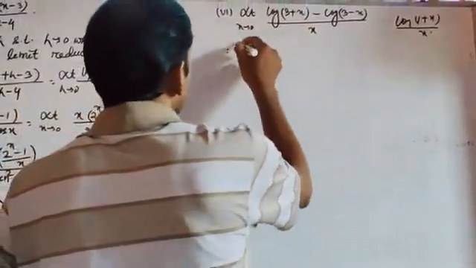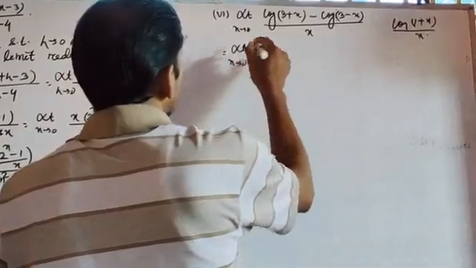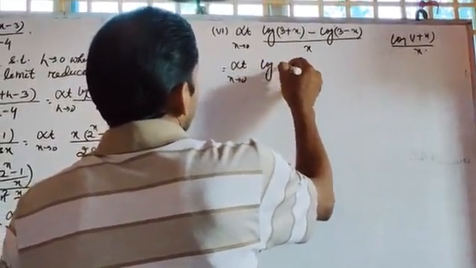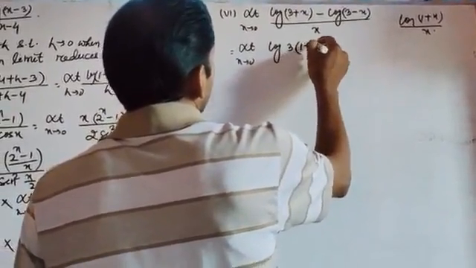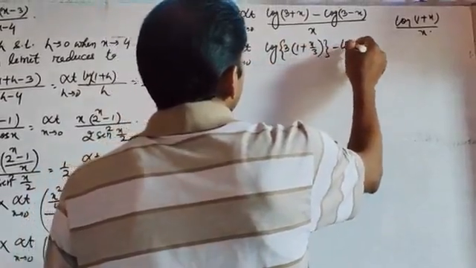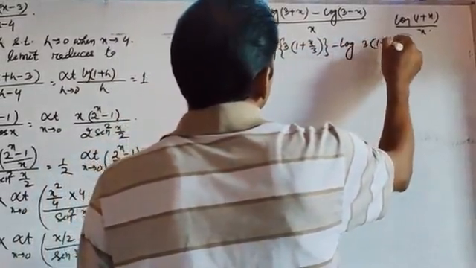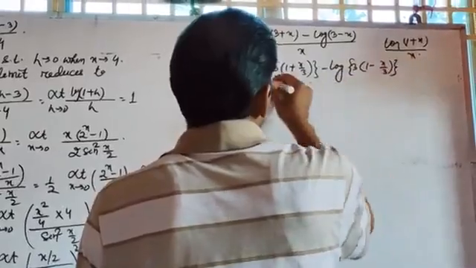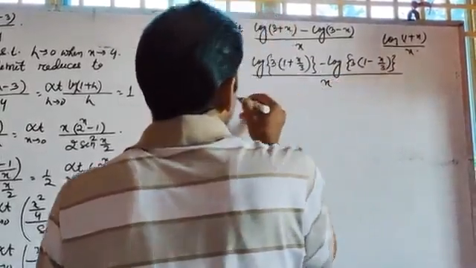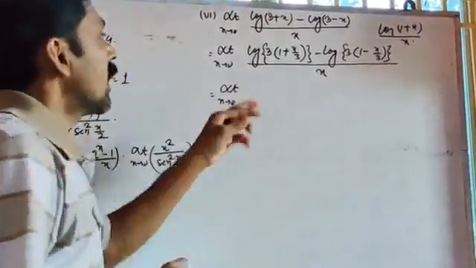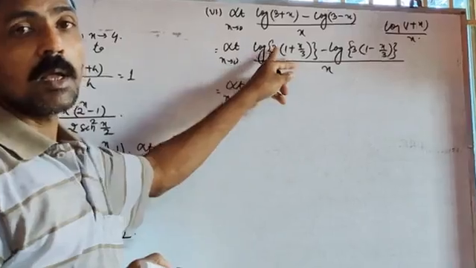In the next step, you can write limit x tends to 0 of log 3 into 1 plus x by 3 minus log 3 into 1 minus x by 3, whole divided by x. Now here it is in the form of log AB.